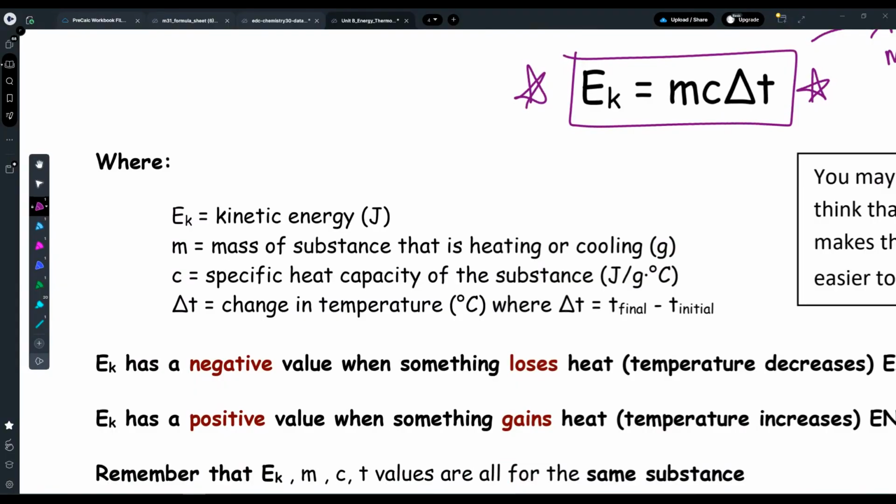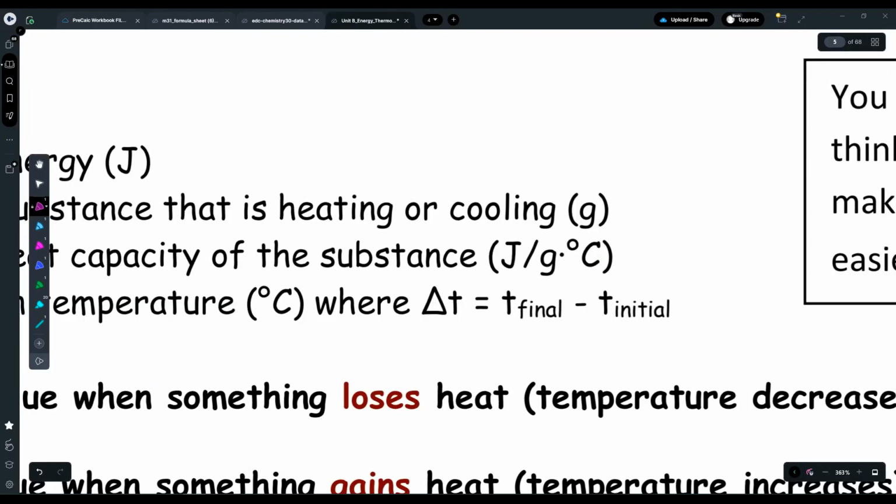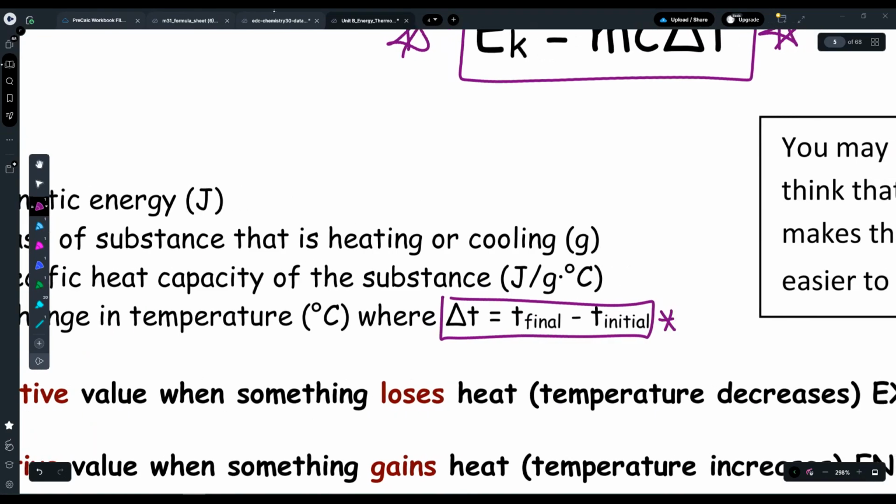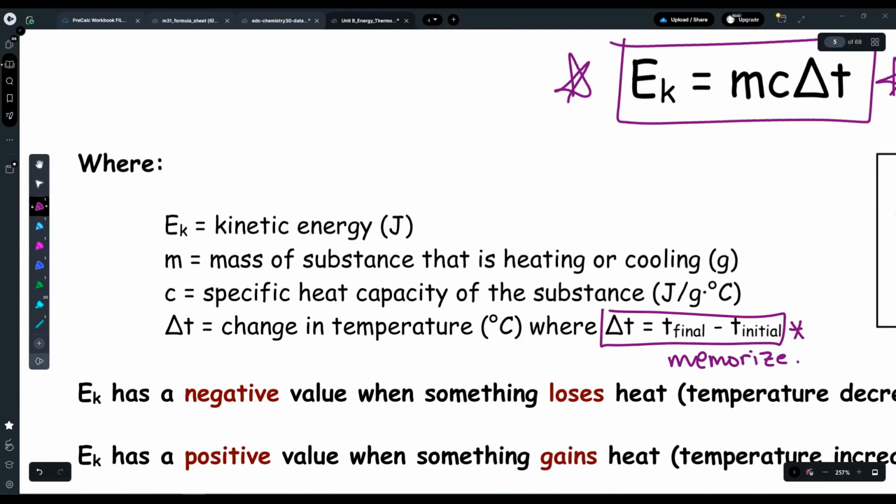That's going to be in joules per gram degrees Celsius, and change in temperature is in degrees Celsius, where delta T is going to be expanded to the final temperature minus the initial temperature. So that's another formula that you need to memorize. So all of these variables, when you're doing your calculations, all of these refer to the same substance.